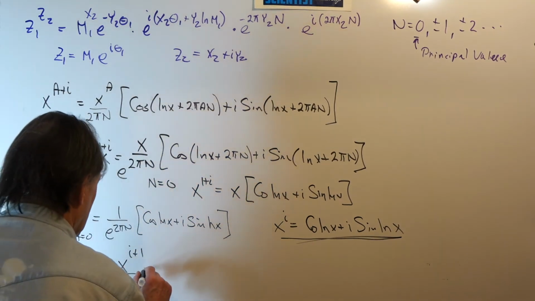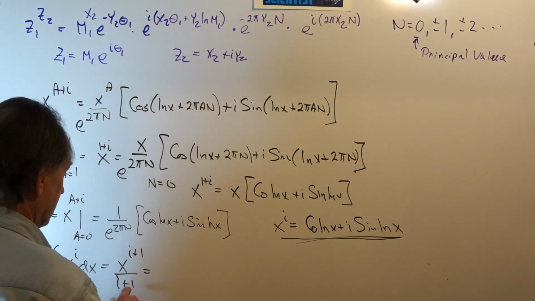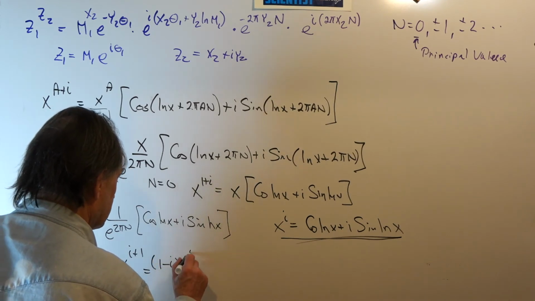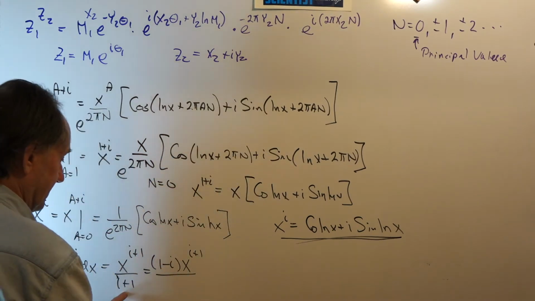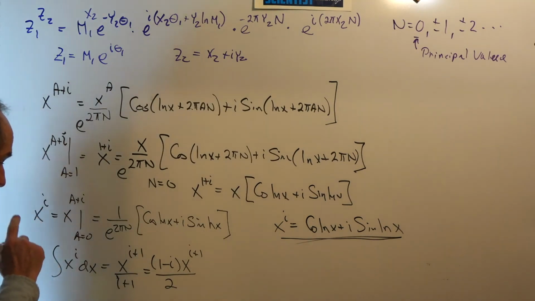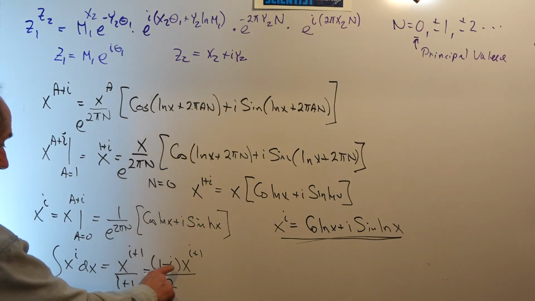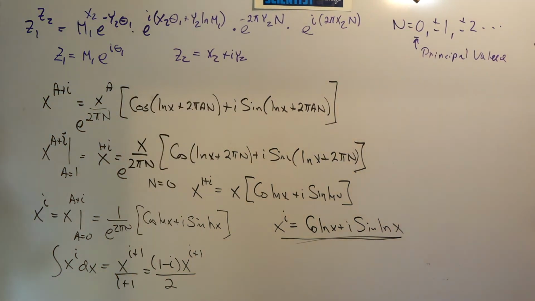Let's rationalize this by multiplying by the conjugate. So we have 1 minus I times x to the I plus 1. And then we multiply the denominator by the conjugate, we get 2. I plus 1 times I minus 1 is 2, because we get 1 times 1 plus minus I times I, which is a plus 1, and the cross terms drop out.